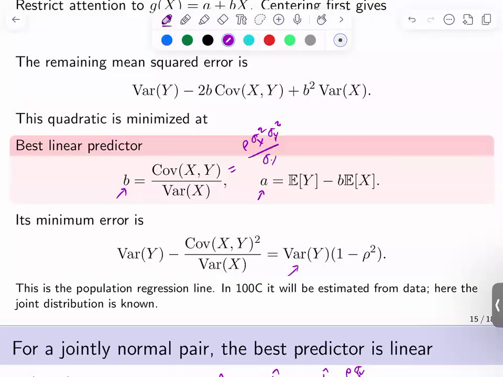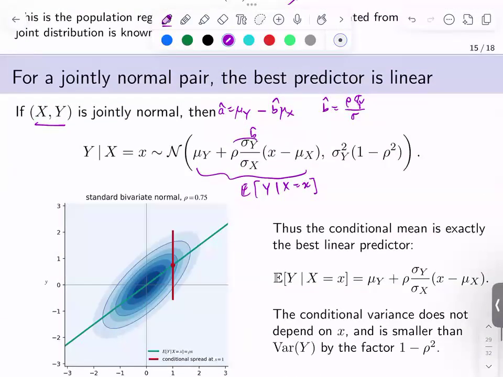Sorry, covariance is not the squared, it's sigma x, sigma rho, sigma y, and so it simplifies to rho sigma y divided by sigma x. That's another way of writing it in terms of the correlation coefficient. So this is really the same formula here. It turns out that the best linear predictor and the best predictor just match. So the best predictor would be a linear predictor.